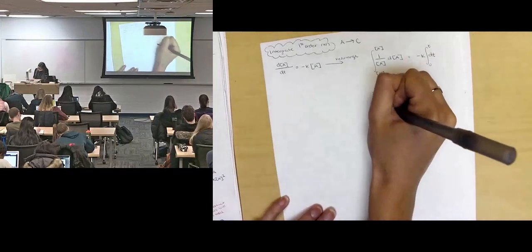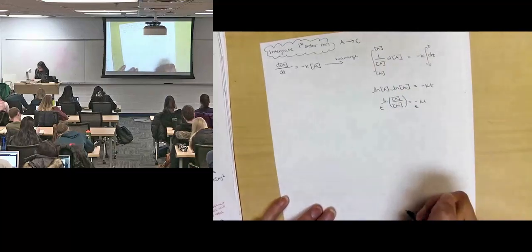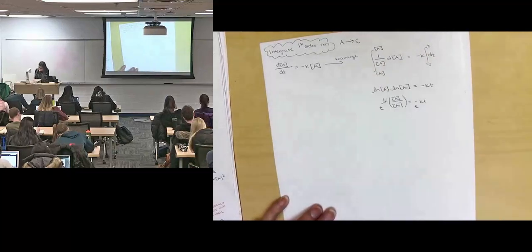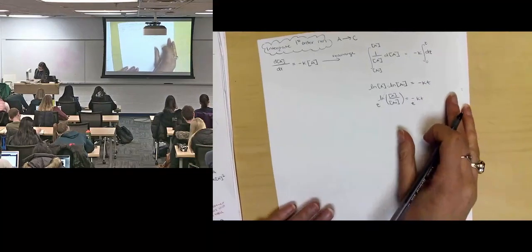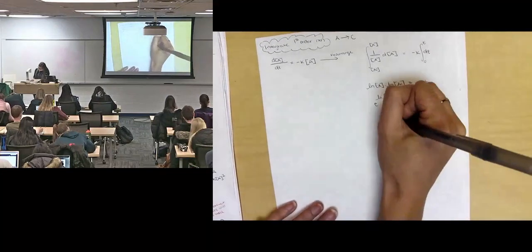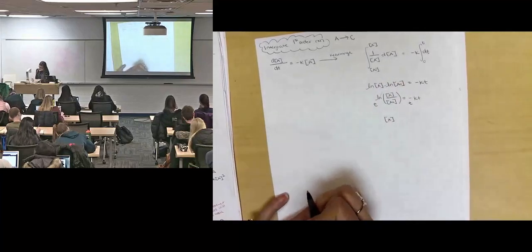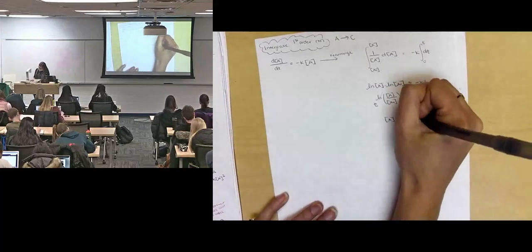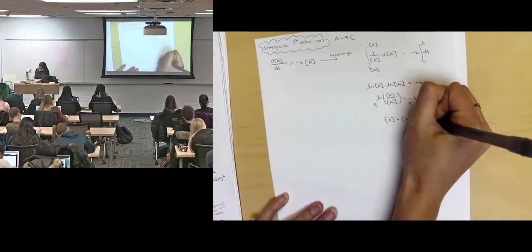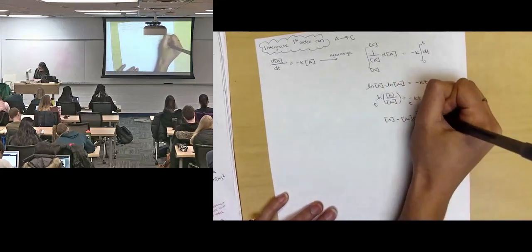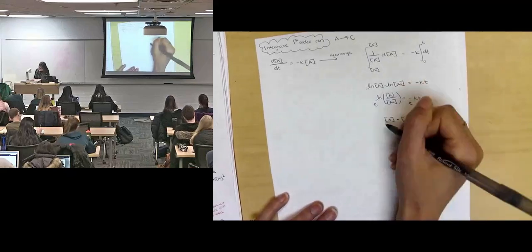If I want to get out of natural log, I can raise it to e to the power. Natural logs drop out. And so I could, again, rearrange this to get everything just in terms of concentration of A, because this is what I ultimately want to plot. This is going to be equal to my initial concentration times e to the negative rate constant times time.